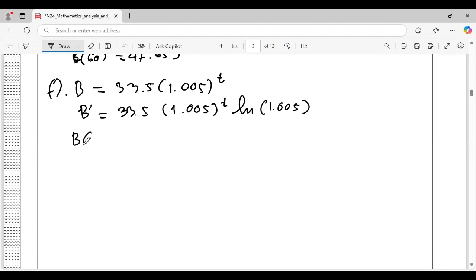If t equals 75, I have calculated this, the result is 0.24.